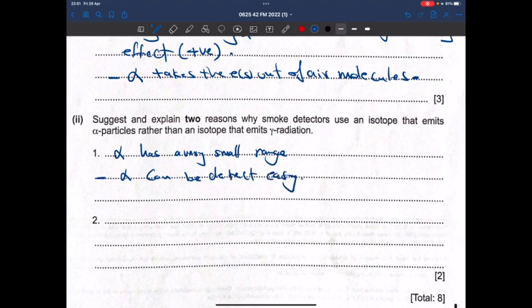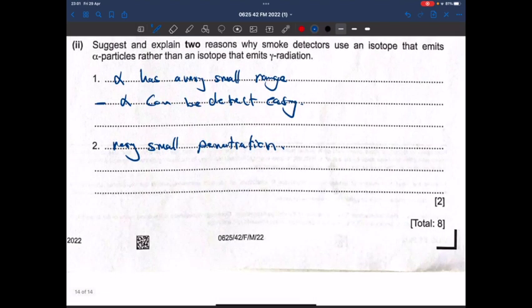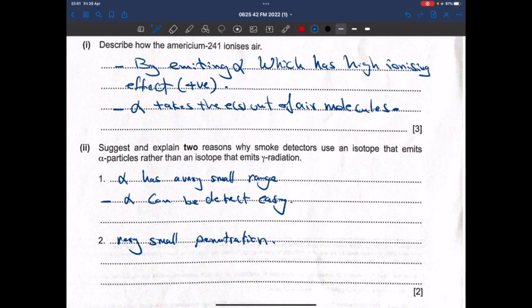And also we could say very small penetration for alpha, so it couldn't go outside the experiment area. That's it. It can't go outside the area of the detector. So this is why we choose alpha rather than gamma.